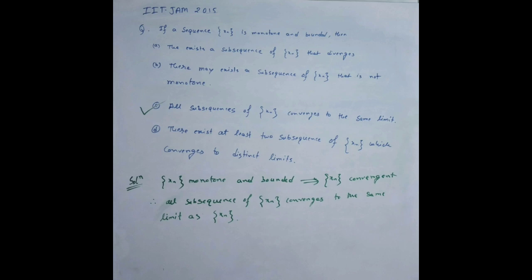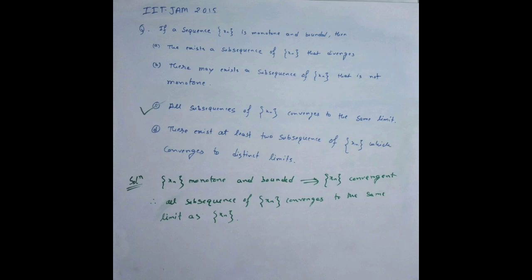So here since xn is monotone and bounded, that implies xn is convergent. So by our previous theorem, all the subsequences of xn converge to the same limit as xn. So easily you can say option C is the correct answer.